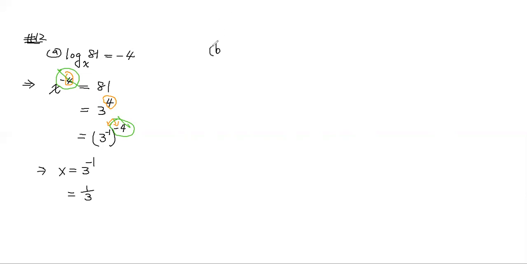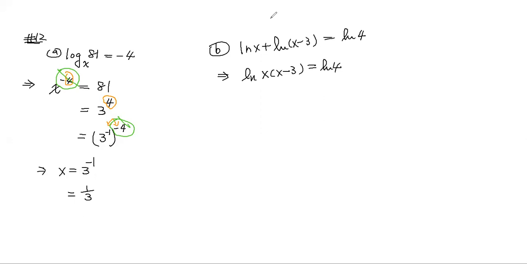Okay, now let's take a look at part B. This is natural log x plus natural log of x minus 3 is equal to natural log 4. Natural log plus natural log, I know that a plus is multiplication. So I have natural log of x times x minus 3 equal to natural log 4. This side has natural log and this side has natural log, so I can cancel that.